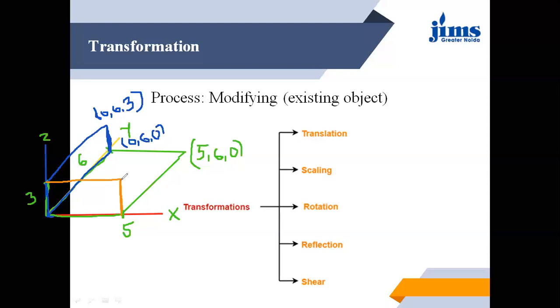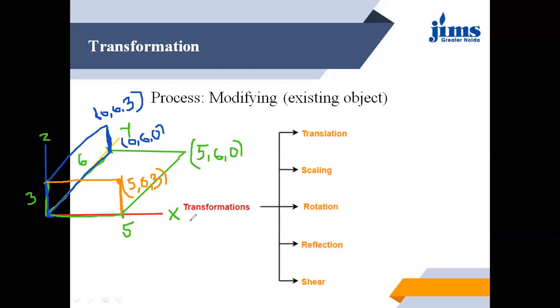The coordinates of this point: it is 5 units away from the origin on the x-axis, 0 on the y-axis, and 3 units away from the origin on the z-axis.